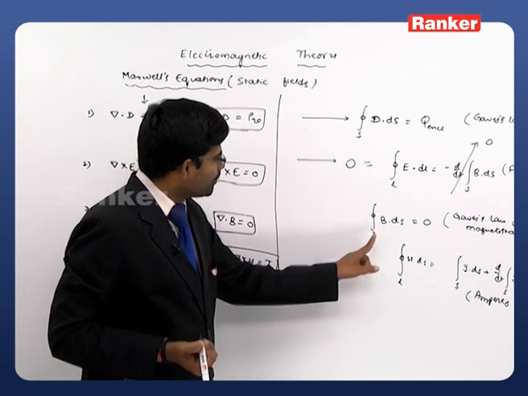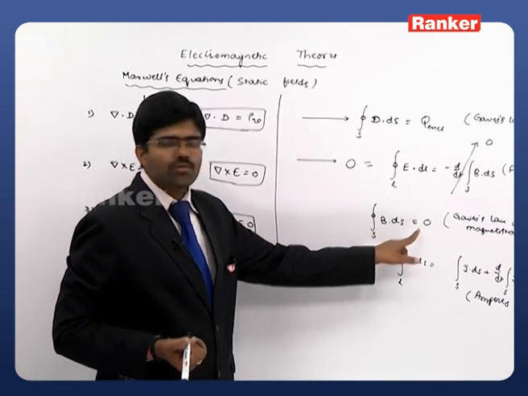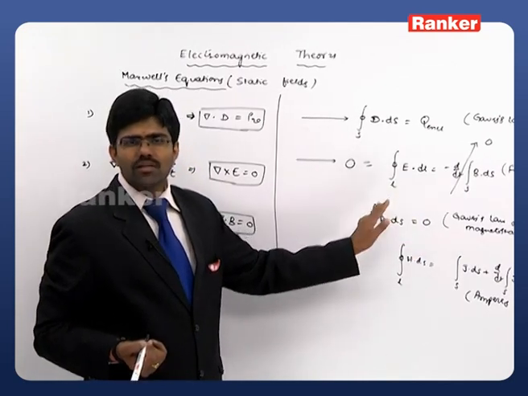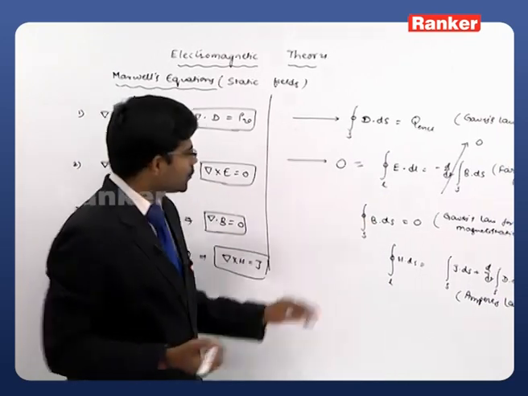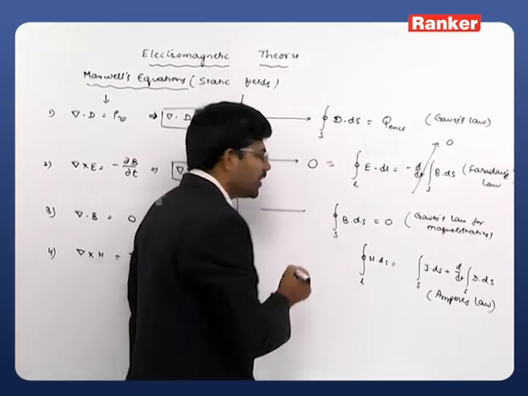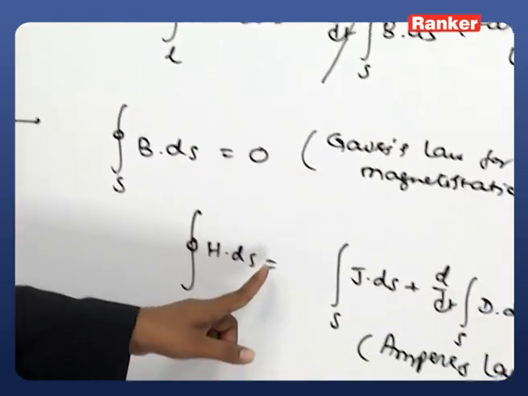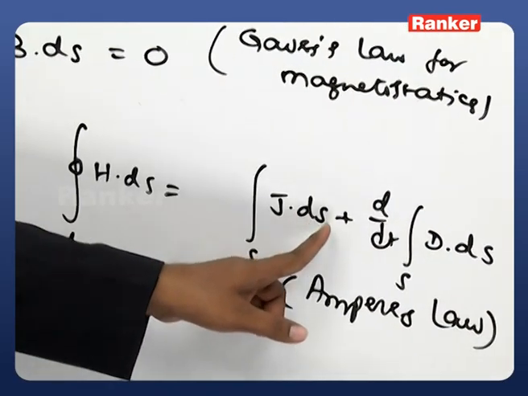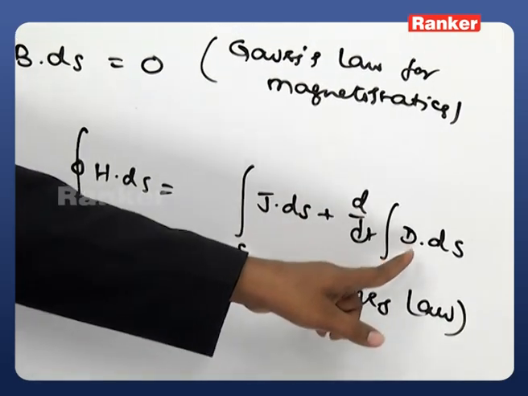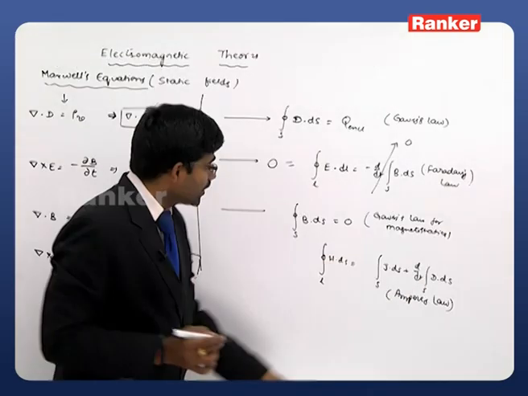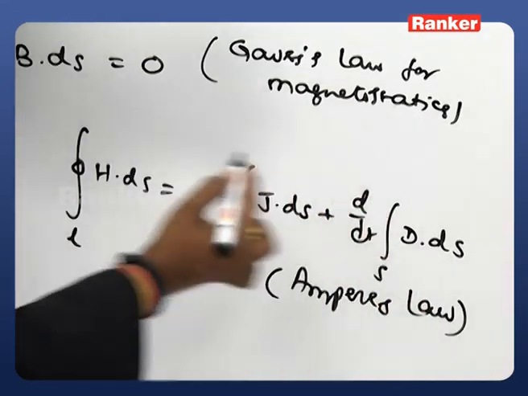The third one, surface integral of B dot dS is equal to 0. Since there is no time varying term, leave it as it is. So this is the equation we are supposed to remember, and it is unaltered. And the fourth equation, line integral of H dot dl is equal to surface integral of J dot dS plus d by dt of the surface integral of D dot dS. Here clearly observe, this d by dt term is there.